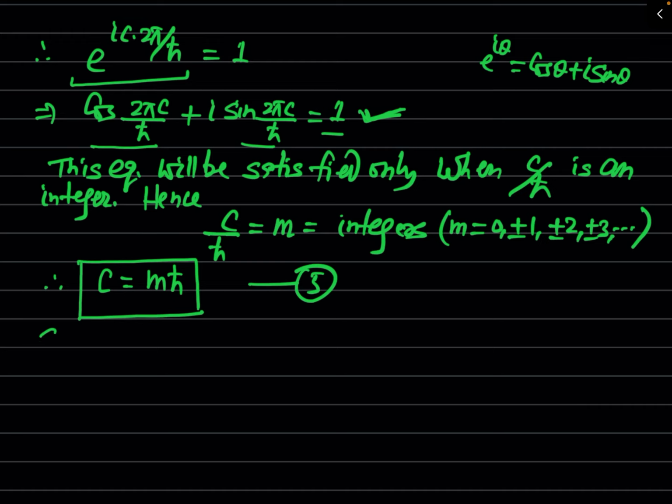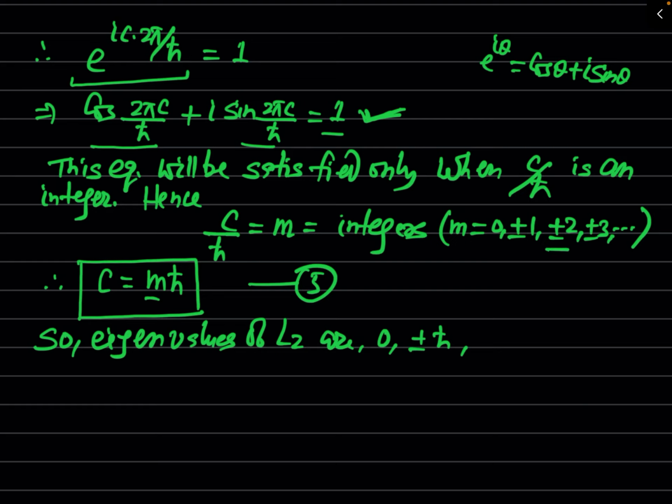So the eigenvalues of Lz are: when you take m equal to 0, this will be 0. If you take m equal to plus minus 1, this will be plus minus h bar. When you take m equal to plus minus 2, this will be plus minus 2 h bar, and so on.